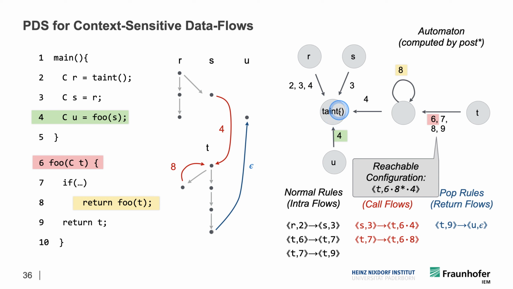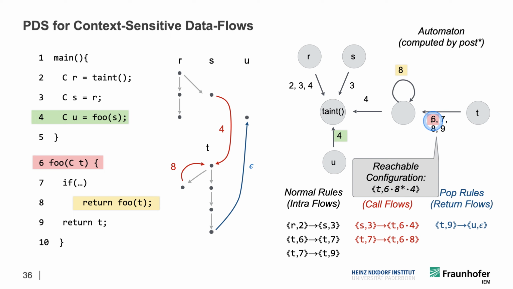But then also, because of the call at line 4, and potentially through recursive calls at line 8, we have the situation that T at line 6 and 7 and 8 and 9 will also hold this tainted value. And so you basically have a reachable configuration here that you can read as, depending on in which direction you read it, 4 a number of times, 8, and then 6.